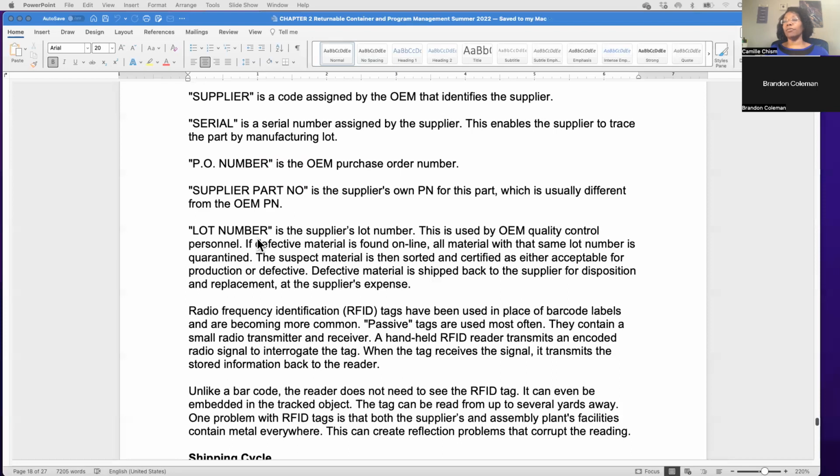Inspection could be where they go through every single part, and depending on how they're set up, they may actually set up a full site for inspection and inspect every single part. That would be the example I gave about the part that had the paint defect. They said it was packaging, and they were taking every single part and doing an inspection on every single part. That would be an extreme example, but the lot number can be used for that.